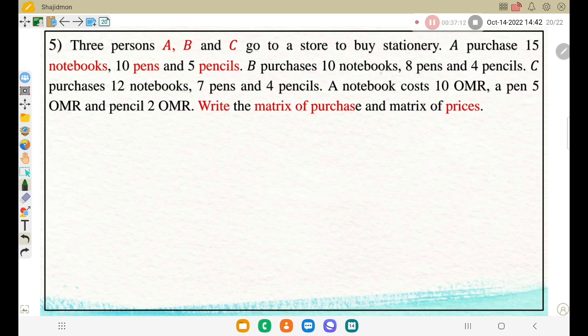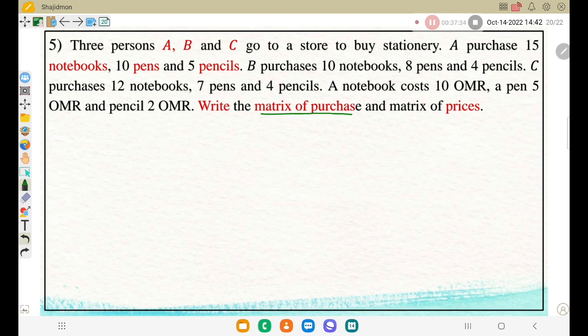B purchases 10 notebooks, 8 pens and 4 pencils. C purchases 12 notebooks, 7 pens and 4 pencils. A notebook costs 10 OMR, meaning Omani Riyal, a pen 5 OMR, and a pencil 2 Omani Riyal. Write the matrix of purchase.